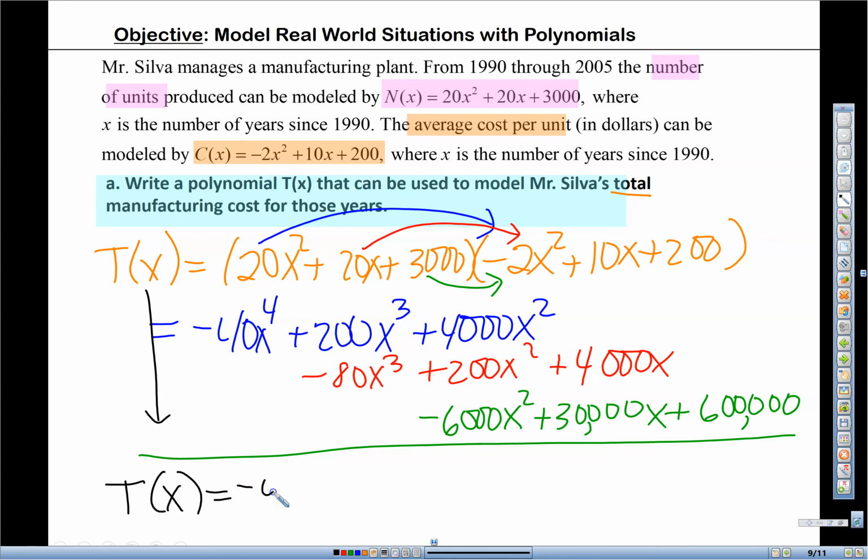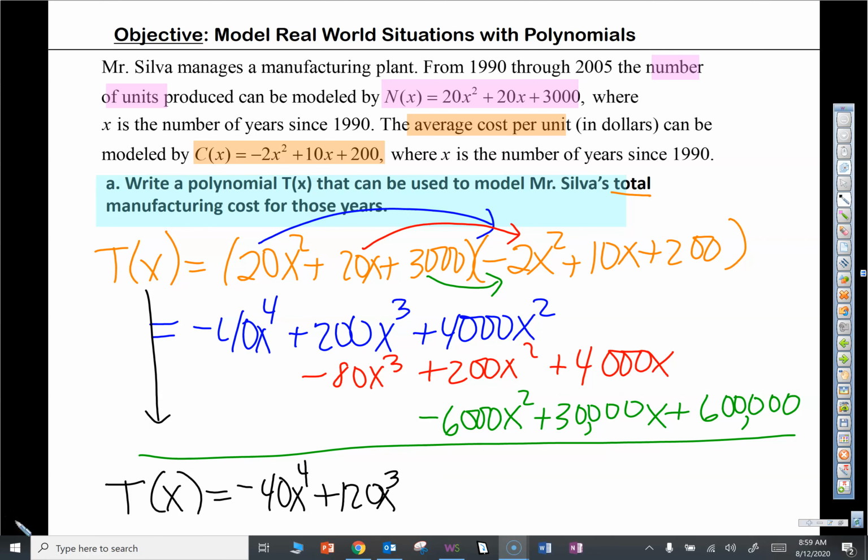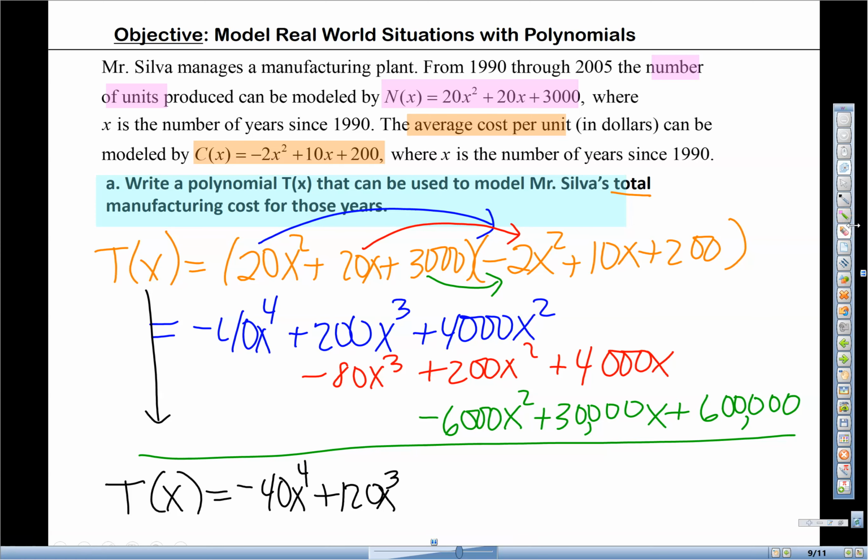All right, so I've got this negative 40x to the fourth plus 120x cubed. And I have to say, wait a second here, because I just caught a mistake. If you caught my mistake from earlier on, congratulations, yay for you. So this is why you've got to be careful and double check your work.